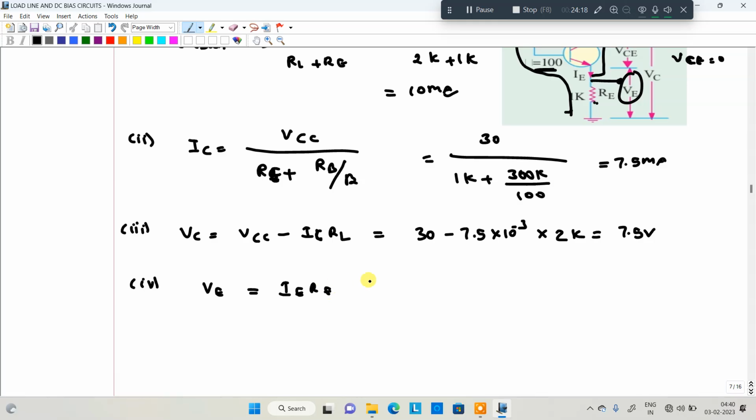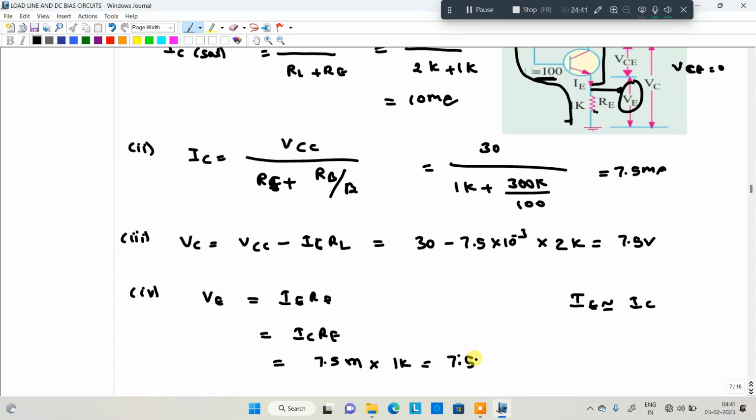You know that IE is approximately equivalent to IC, so we can make it IC into RE. IE value is 7.5 milliamperes into RE, which is 1K, that will be equivalent to 7.5 volt. Here not 7.5, just calculate, you will get 15 volt.